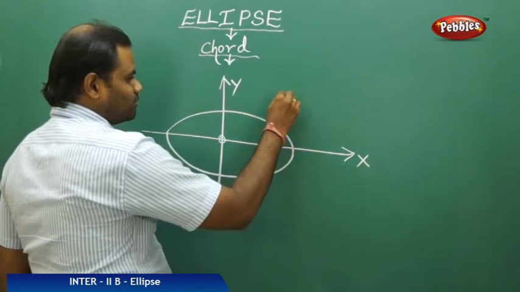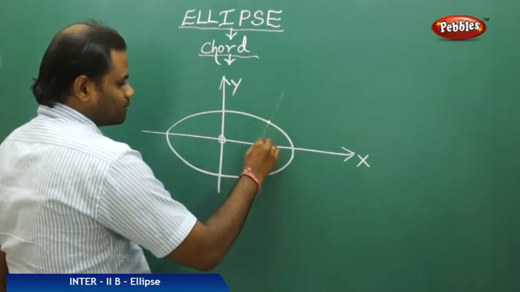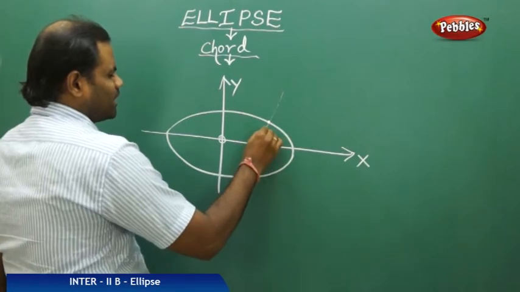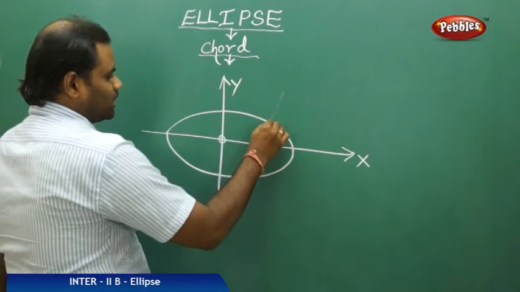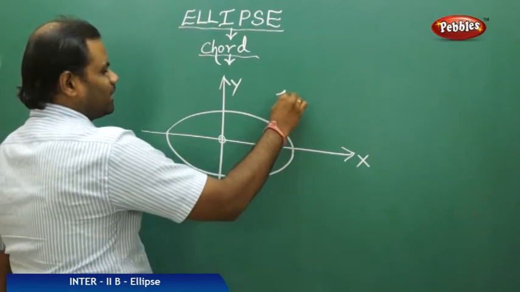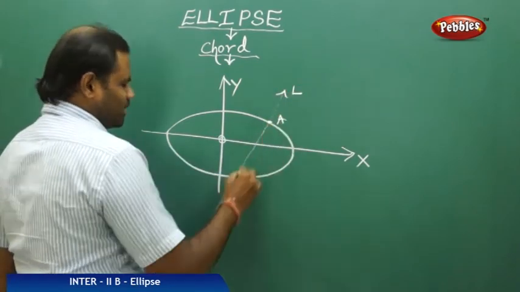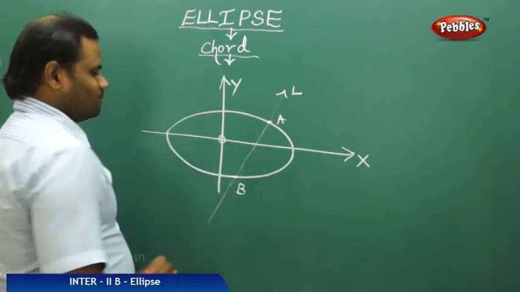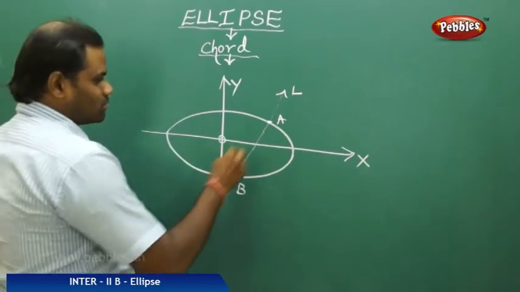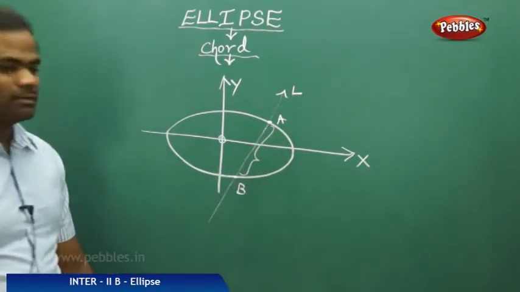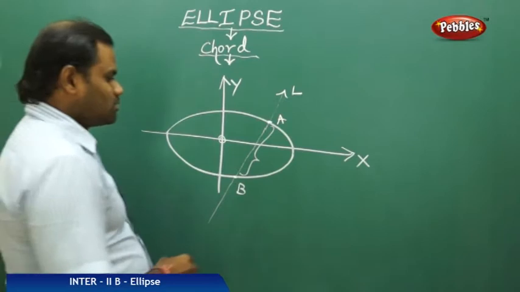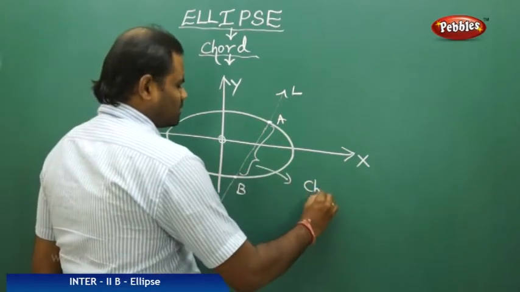Say, for example, there's a line which cuts the ellipse in this manner. Then clearly this line L cuts the ellipse at A and B. Therefore, AB is called the chord of the ellipse. So a line segment joining 2 points of the ellipse is called the chord.